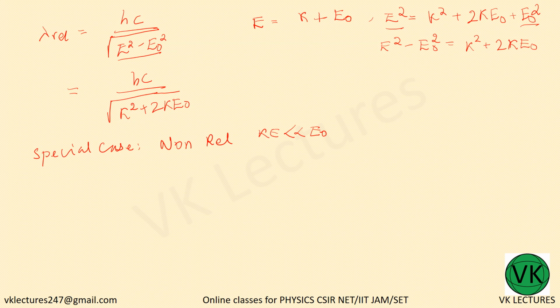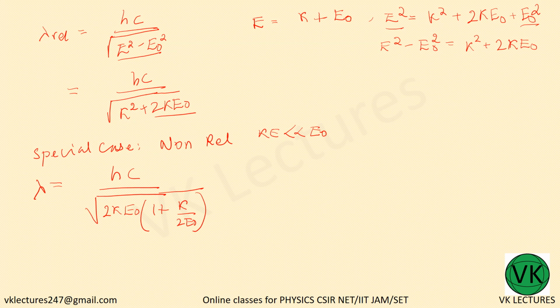So here what we can do is, you can write lambda is equal to hc divided by under root, take 2k E naught common, so 2k E naught into 1 plus k divided by 2 times E naught.